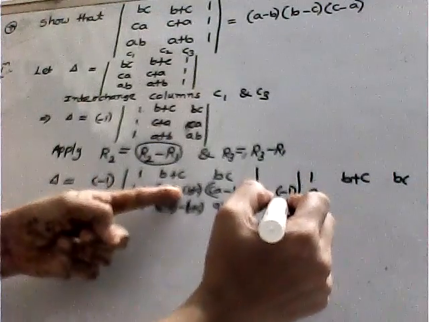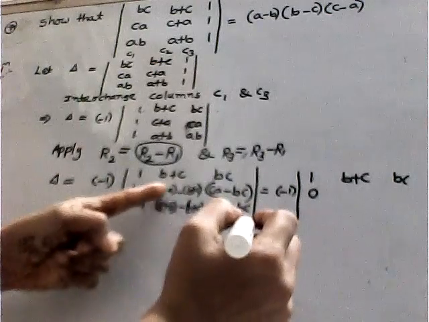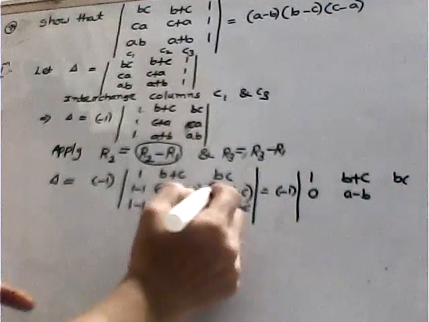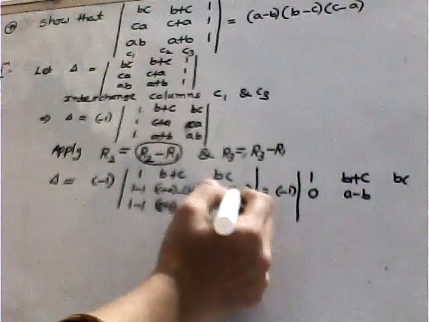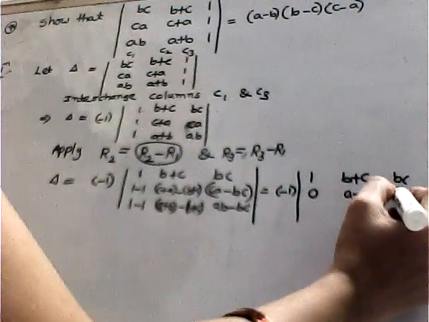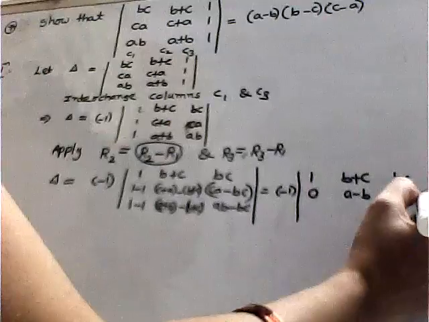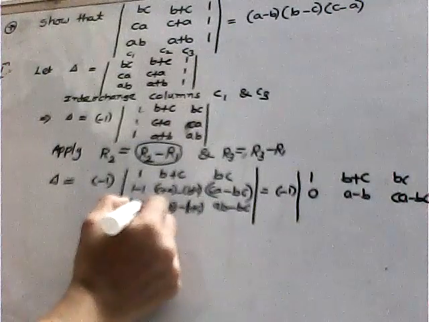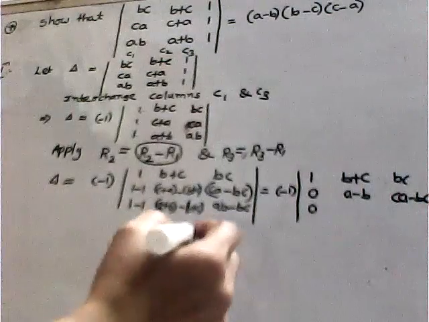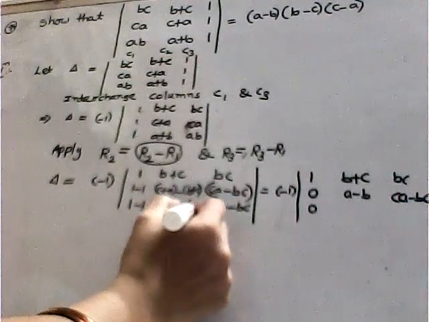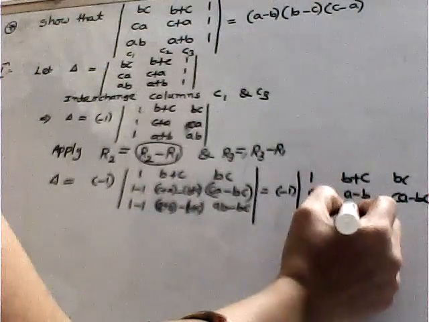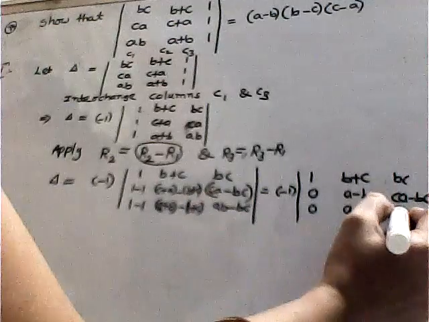Here C plus A minus B minus C: C minus C cancels, we only get A minus B. Next CA minus BC, taking C common. Third row, 1 minus 1 is 0. Next A plus B minus B minus C: B minus B cancels, we only get A minus C. Next AB minus BC.